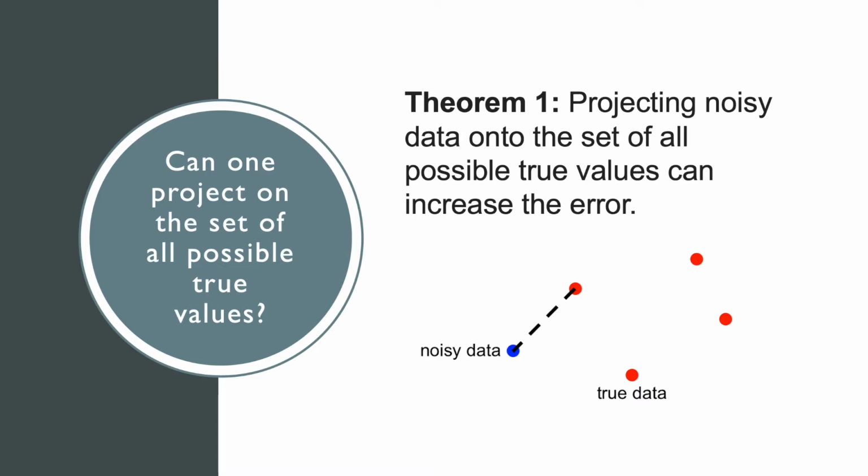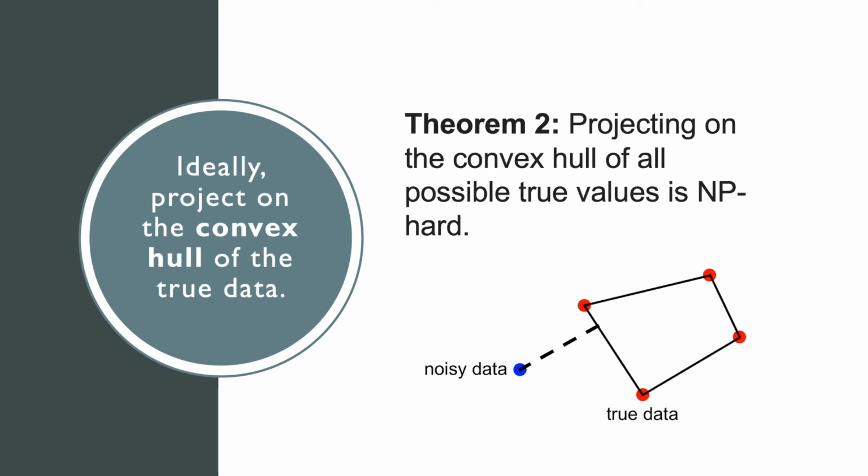Given the observation, the first thought was to project the noisy data onto the set of all possible true values. However, we proved that doing so can actually increase the error. And since we would like to project the noisy data onto a quote-unquote small convex set, it is natural to consider the convex hull of all true values, because the convex hull of all true values is the smallest convex set that contains all true values.